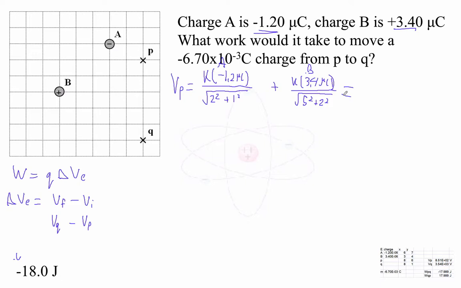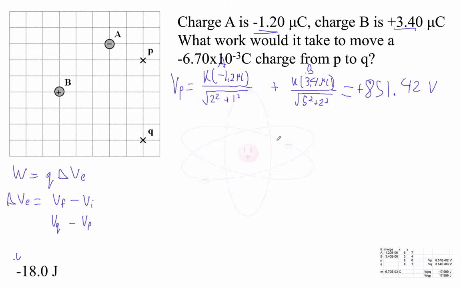Right arrow, plus 8.99 E9 times 3.4 E minus 6 divided by the square root of 5 squared plus 2 squared. Enter. 851.4. All right, that's good. Positive 851.42 volts. That's the voltage at this point.